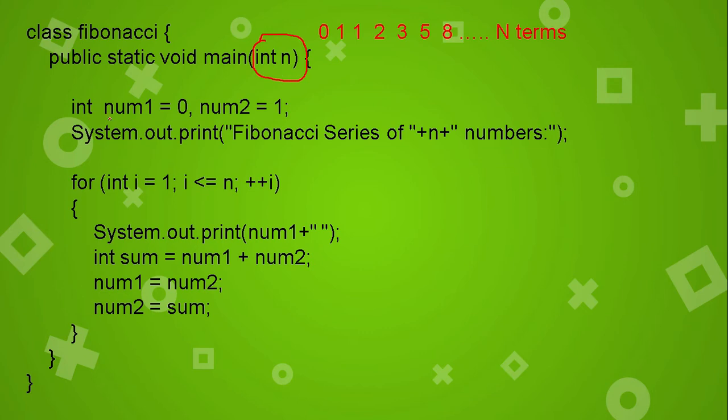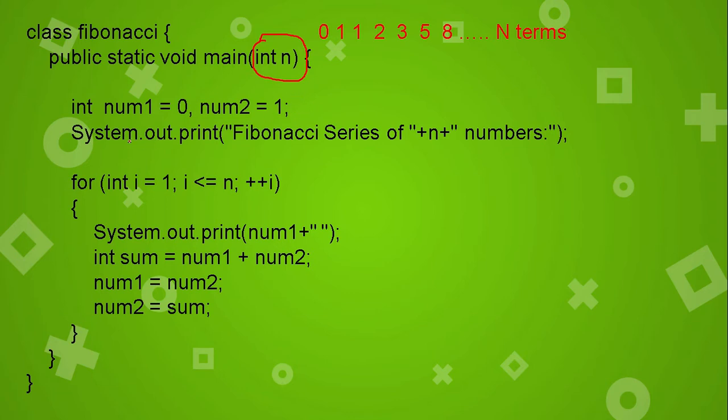I have declared two variables over here, integer type variables num1 equal to 0 and num2 equal to 1. See the initialization part. Num1 is a variable and its value is initialized to 0, and num2 is a variable and its value is initialized to 1.